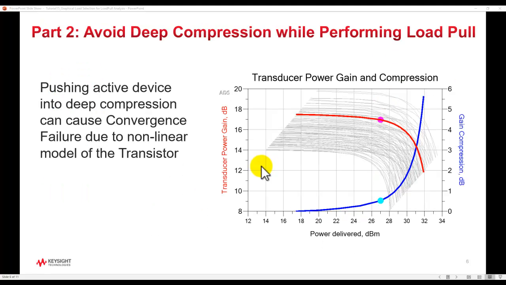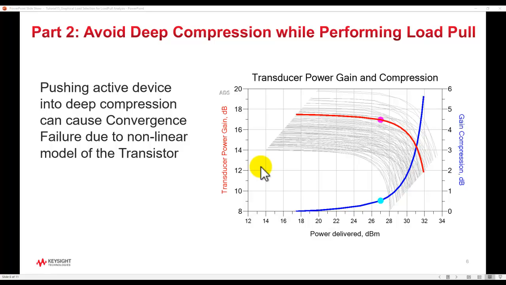In part two of this video, we will talk about techniques. How can you avoid going into deep compression level while performing load pull? Remember in the last tutorial, we talked about the need to do a power sweep analysis to see how much compression level you are operating at while you are getting your desired output power.